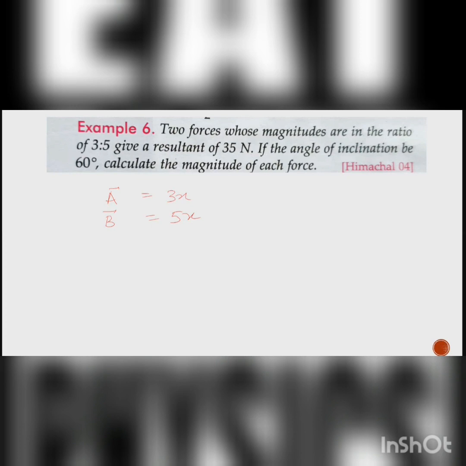They both give a resultant of 35 Newton, and the angle between the vectors is given as 60 degrees. So their resultant, let's say C vector, is 35 Newton. So C would be under root A square plus B square plus 2AB cos 60.